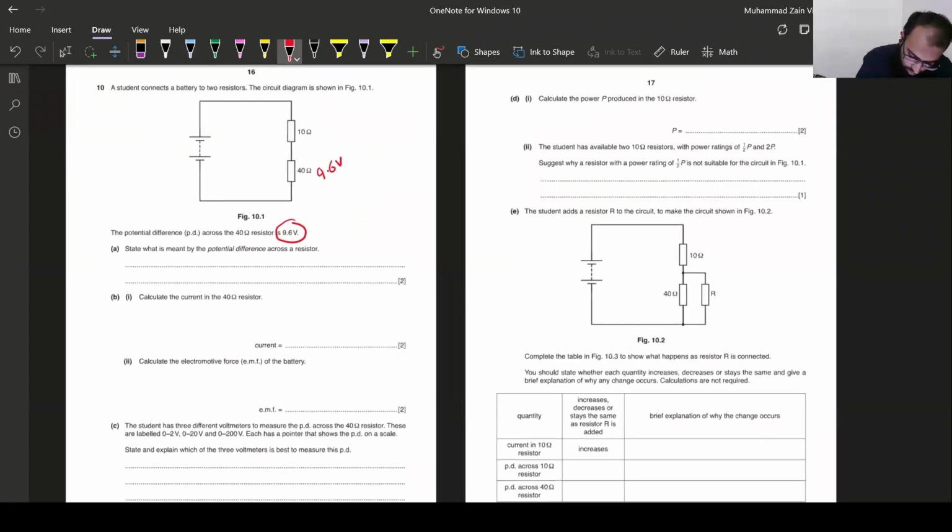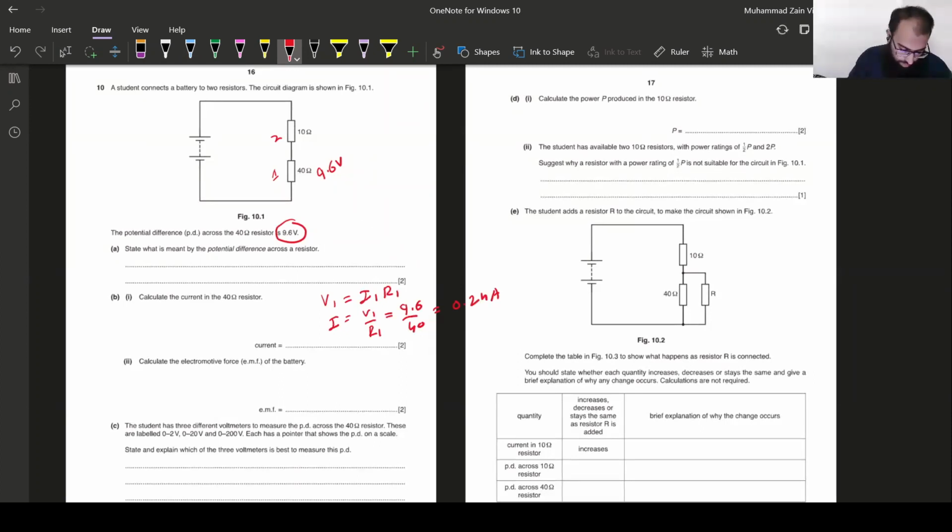Naming these components 1 and 2, V1 equals I1 R1, so I equals V1 over R1. It would be 9.6 divided by 40, and I'll get 0.24 ampere. So this would be the current.